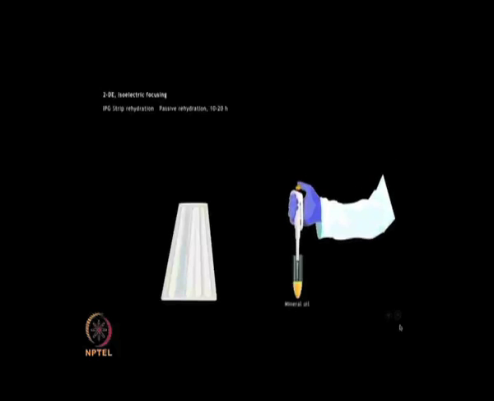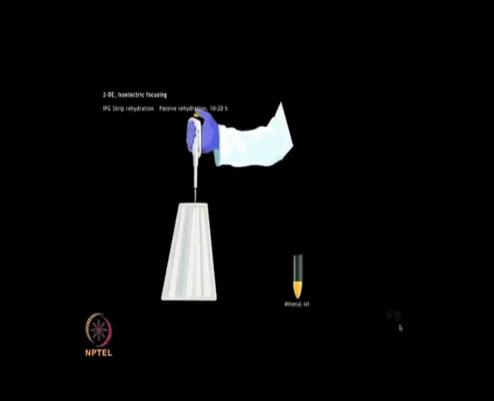This process can be done for 10 to 20 hours depending upon the length of the IPG strip. This is then covered with mineral oil to prevent the gel from drying up and left overnight.